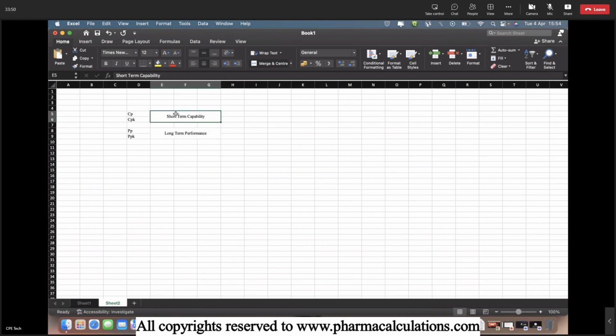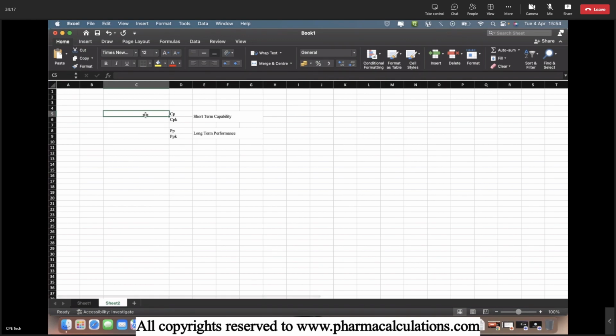So what is the difference here? We have seen the actual difference between capability and performance, but we need to see when to choose CP, CPK and when to choose PP, PPK. We also have to understand what exactly CP and PP mean and what exactly CPK and PPK mean. Basically, CP is the capability index, and CPK is the centering capability index.